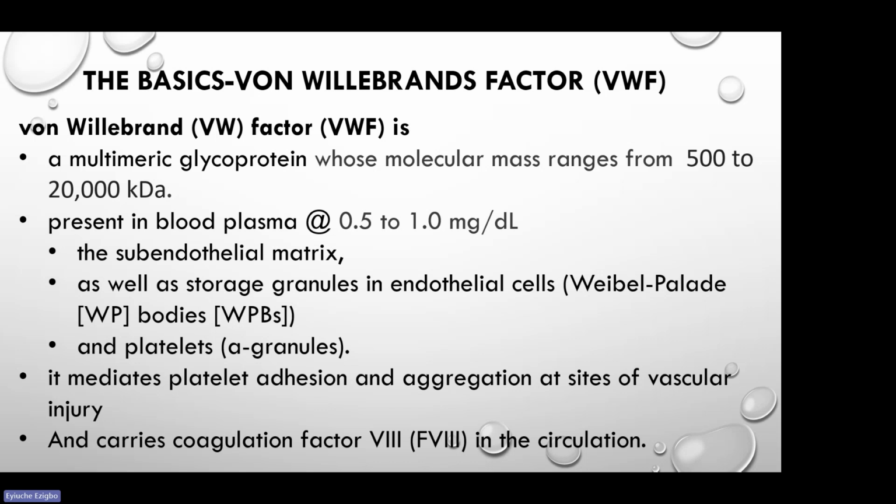This is what we have already discussed earlier when we talked about primary hemostasis: during the process of primary hemostasis, there is this protein we call the von Willebrand factor. At the site of injury, the platelet adheres either to von Willebrand factor or to the collagen in the subendothelium of the blood vessel.